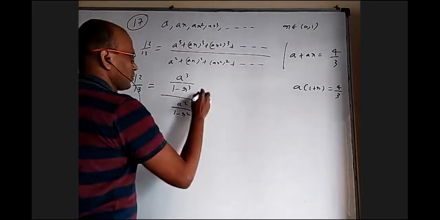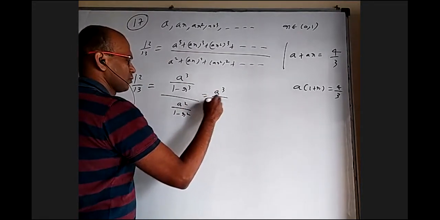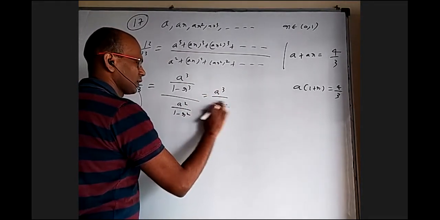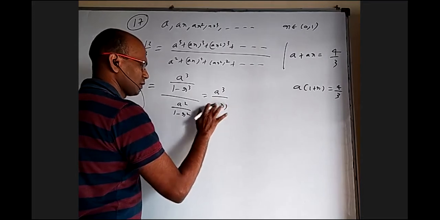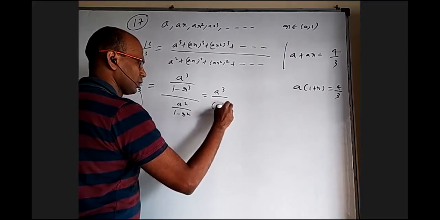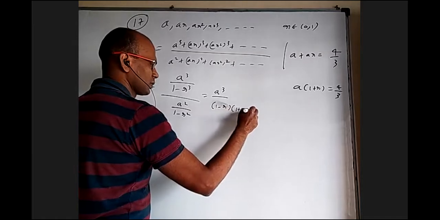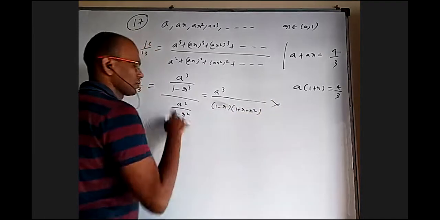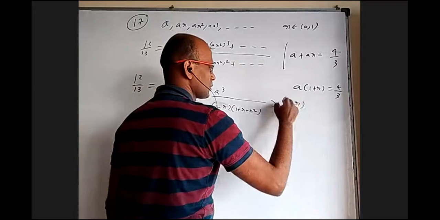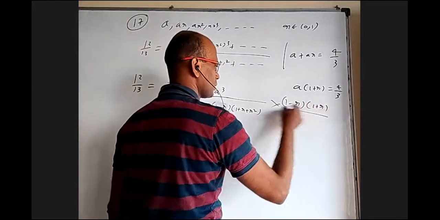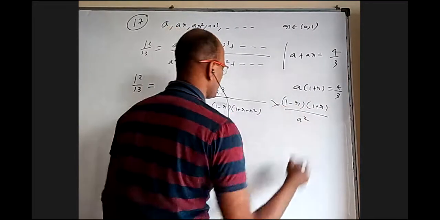Okay, how to simplify this? A cube by 1 minus R cube can be written as 1 minus R into 1 plus R plus R square. This one, if I take to the top, 1 minus R into 1 plus R by A square.